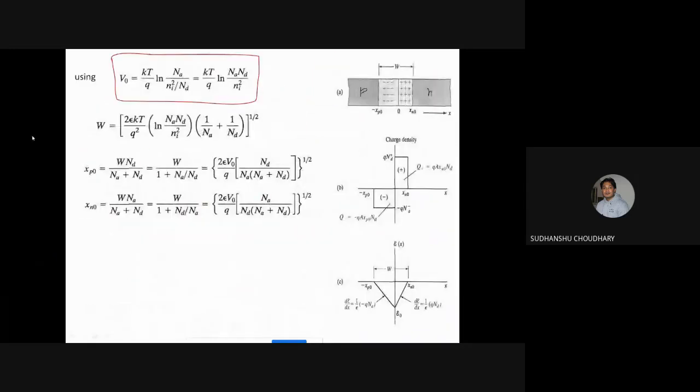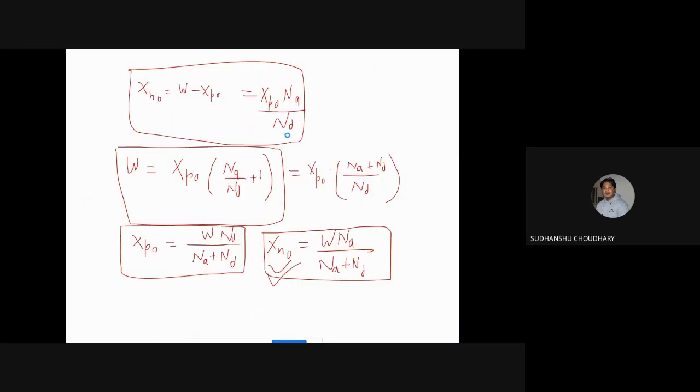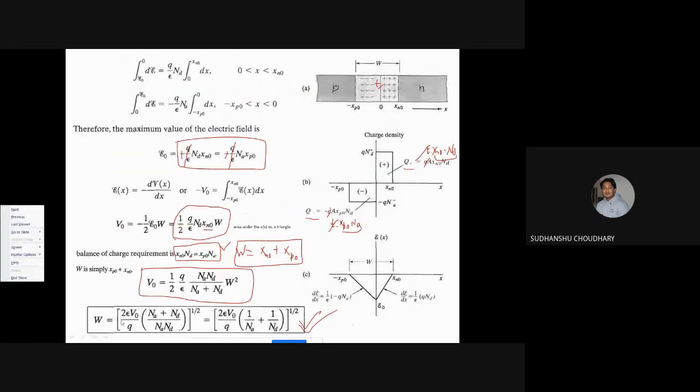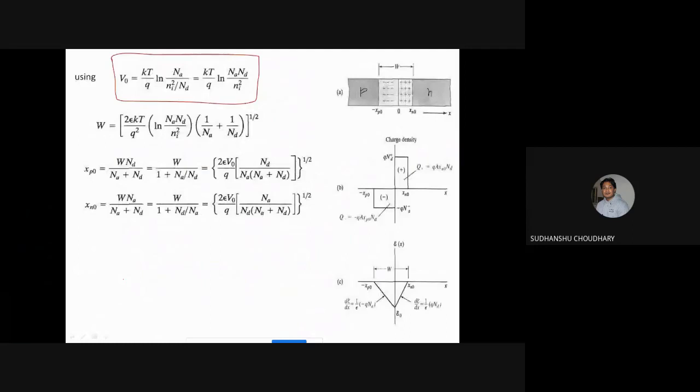That is, built-in potential is equal to kT by q ln Na Nd by ni square. Okay. And I put this in here, W. Right? So W has V0. So I put V0 over here in this equation.